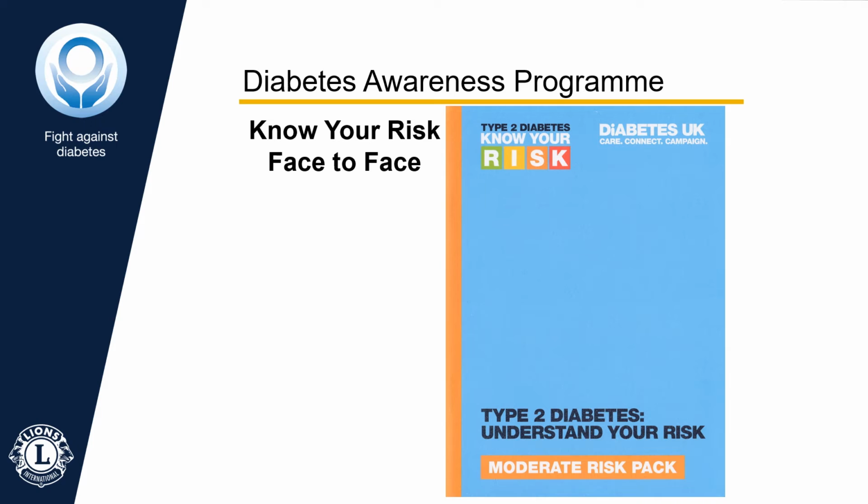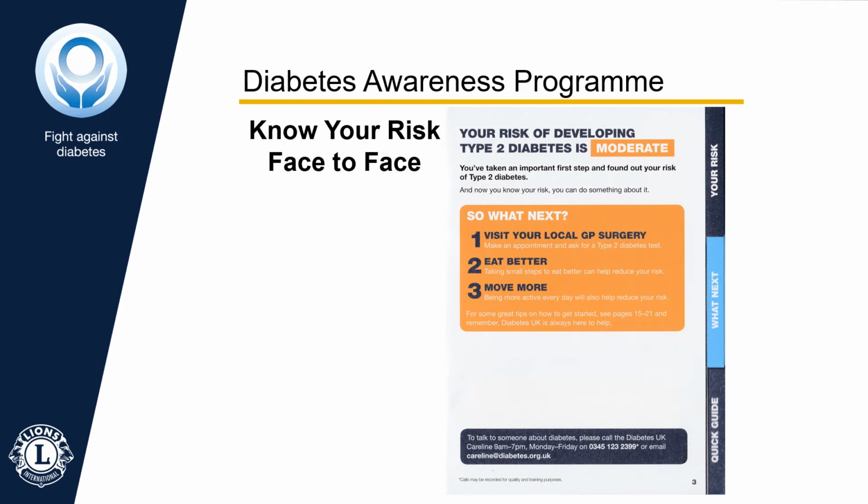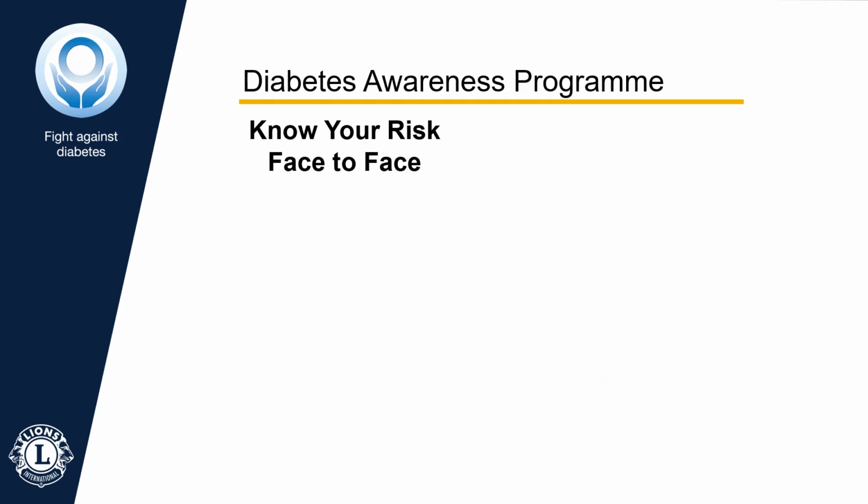This booklet is specifically aimed at those at moderate risk, which is a score of between 16 and 24 points. And again, this recommends visiting your local GP surgery, looking at changing your diet and taking more exercise.